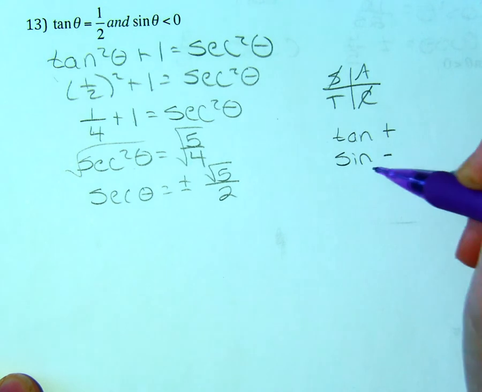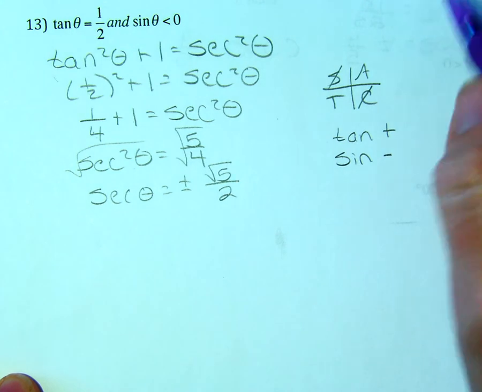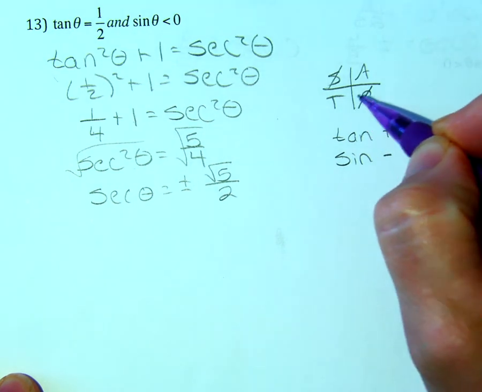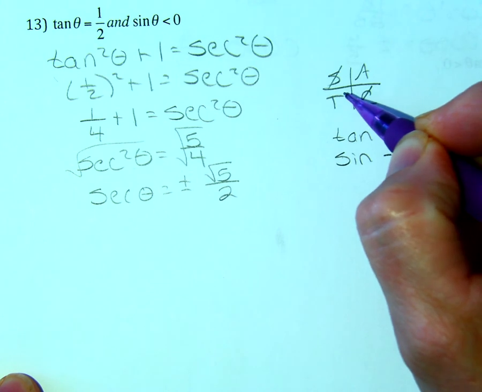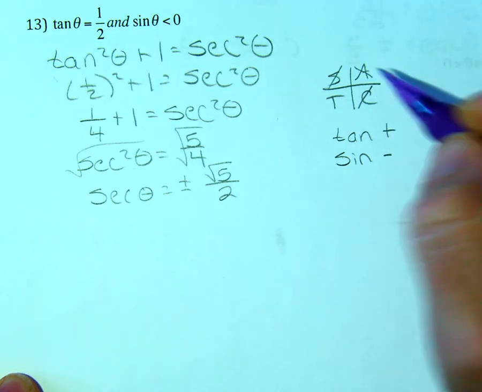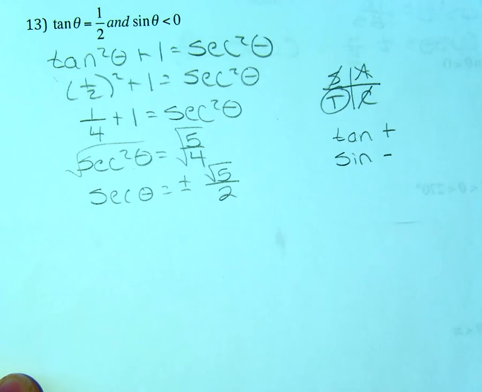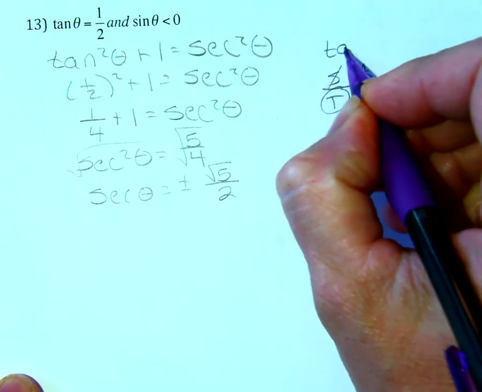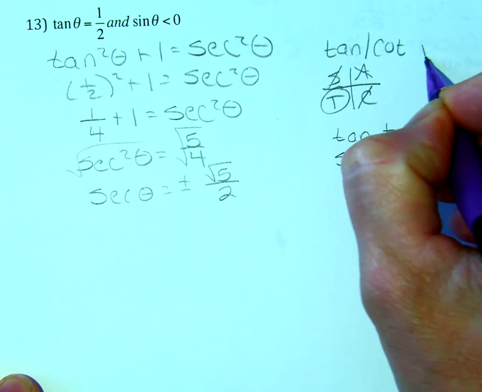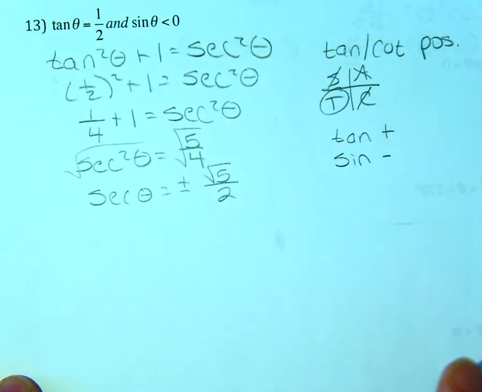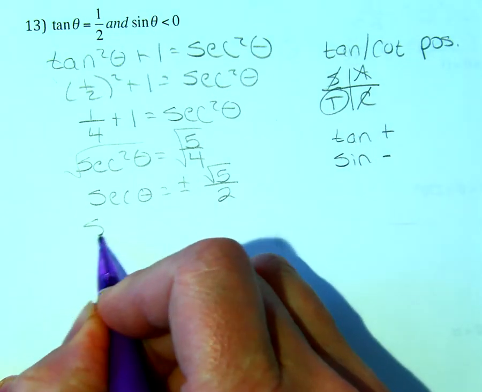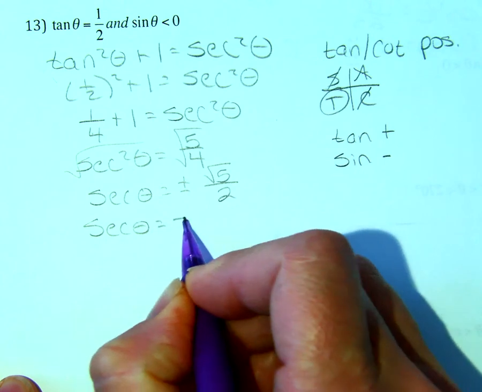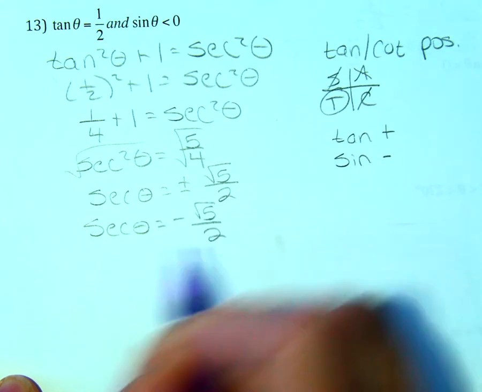If sine is negative, it can't be here where they're all positive. So it has to be here in quadrant 3. So in quadrant 3, only tangent and cotangent are positive. Everything else is negative. So that means that secant is negative square root of 5/2.